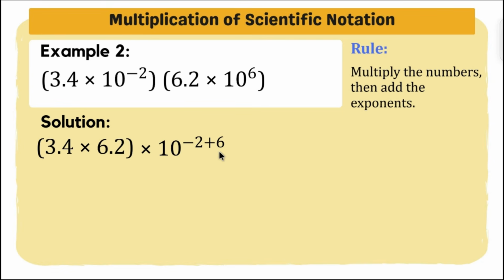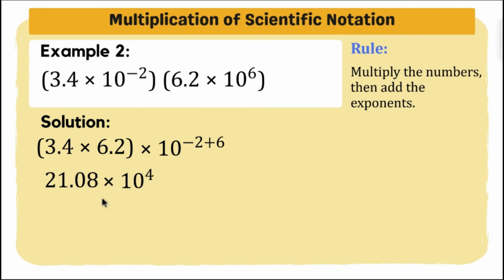This time we have to recall, how do we add a negative integer and then a positive integer? Okay, remember, yung rules po ng addition natin, we are going to subtract the 2 and get the sign of the larger number. Okay, so first, 3.4 times 6.2, ang sagot natin ay 21.08. Next, negative 2 plus positive 6 is positive 4. Okay? Ito na po ba yung final answer?